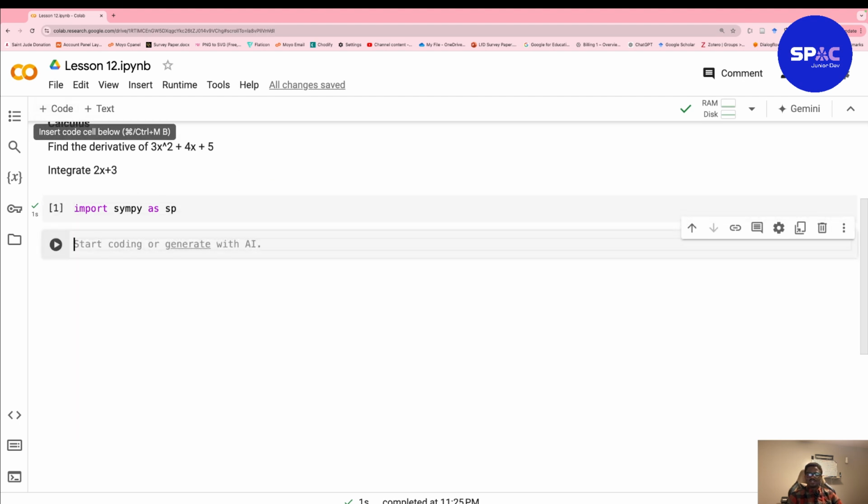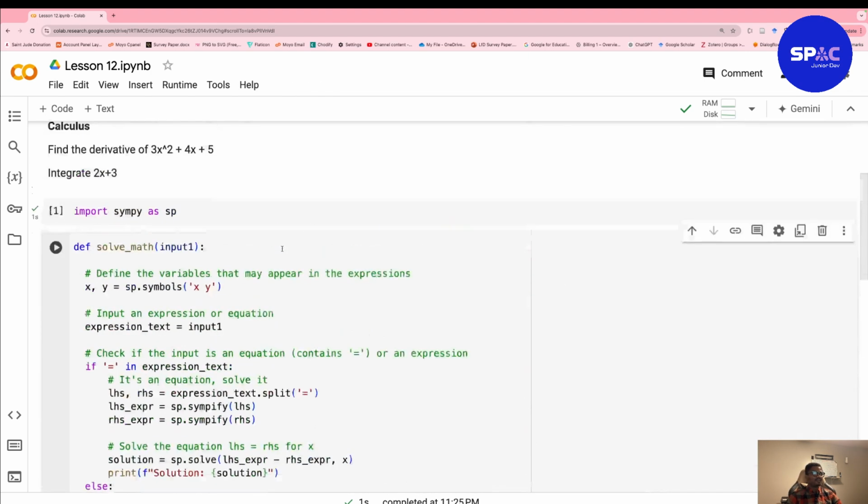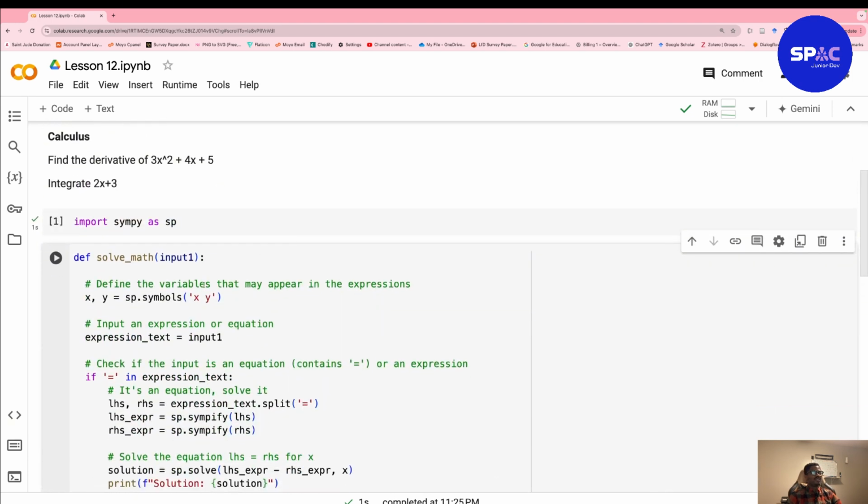Okay. And the code, very simple, okay, but I will explain line by line. So we wrote a Python function, because we want to be able to call the function again. Remember, when you do def, it means define. Then this is the name of our function.